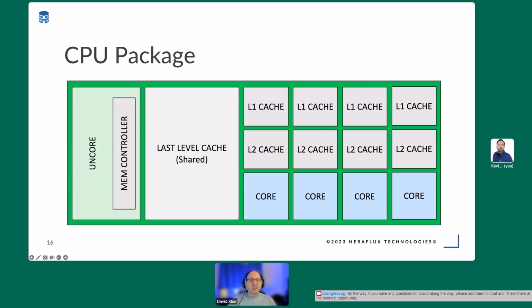So level 1 cache, level 2 cache, and then there's usually some shared cache called last level cache or L3. There's a bunch of other junk in there, and because of marketing, they call it the uncore. It makes perfect sense, right? In there is one thing I really want you to be aware of, and that's a thing called a memory controller. We'll touch back on that again here in a minute, but it's per CPU package.